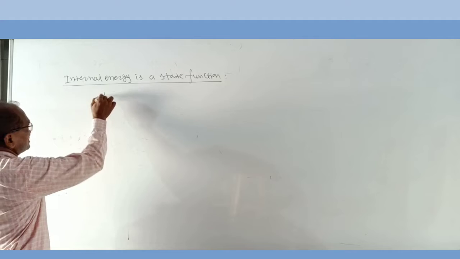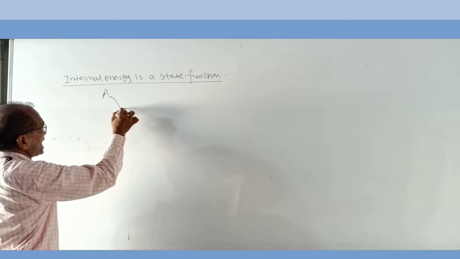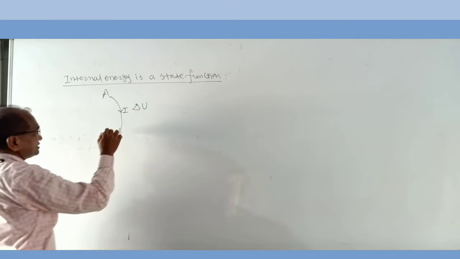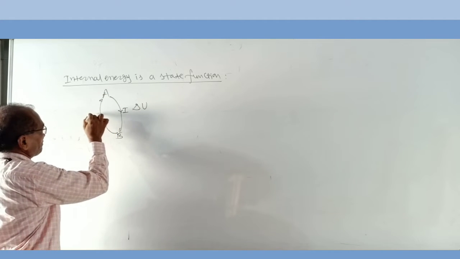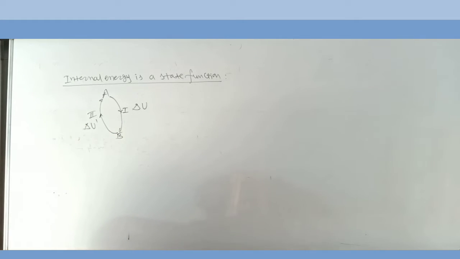Consider here A changes to B by path first, and the change in internal energy is delta U, and B changes to A by path second, the change in internal energy is delta U dash.